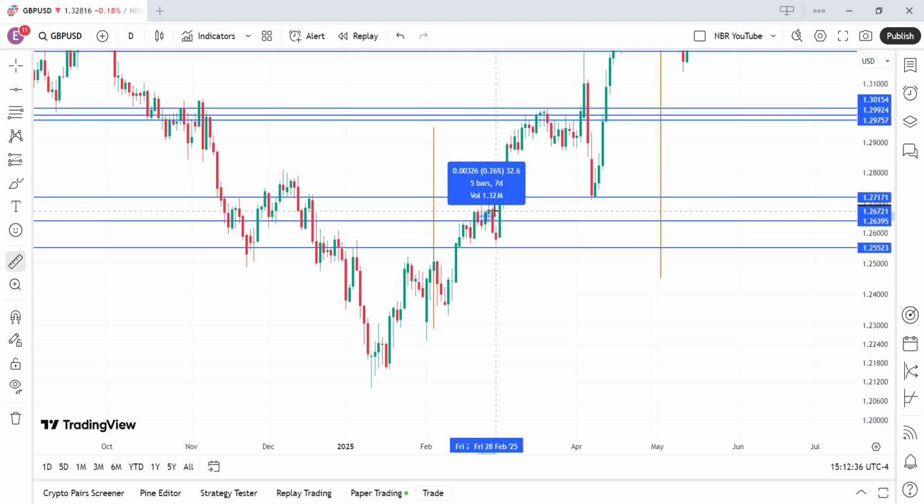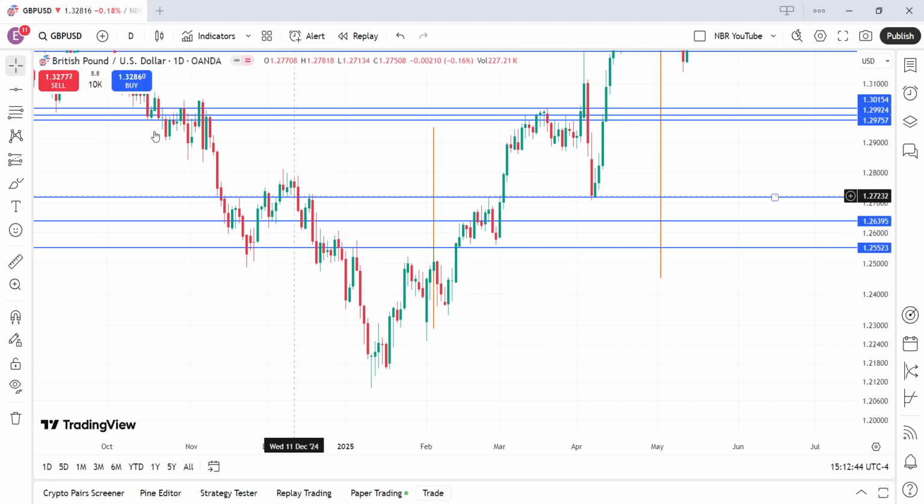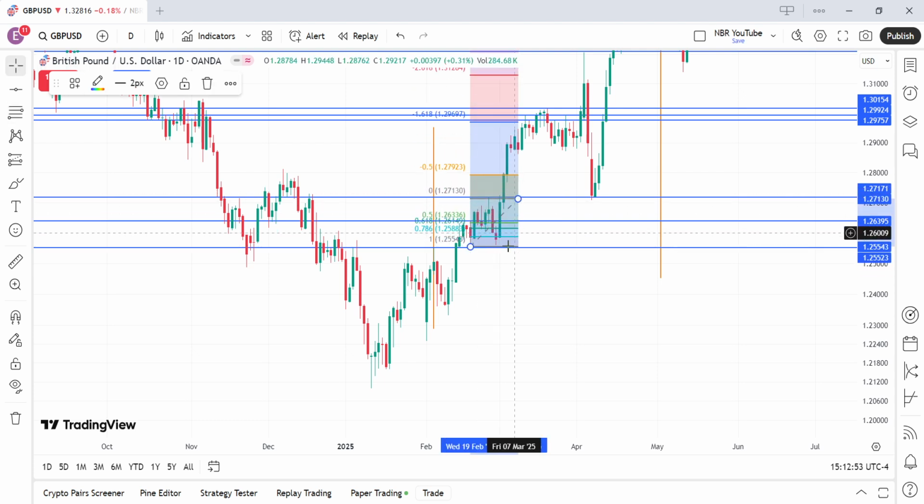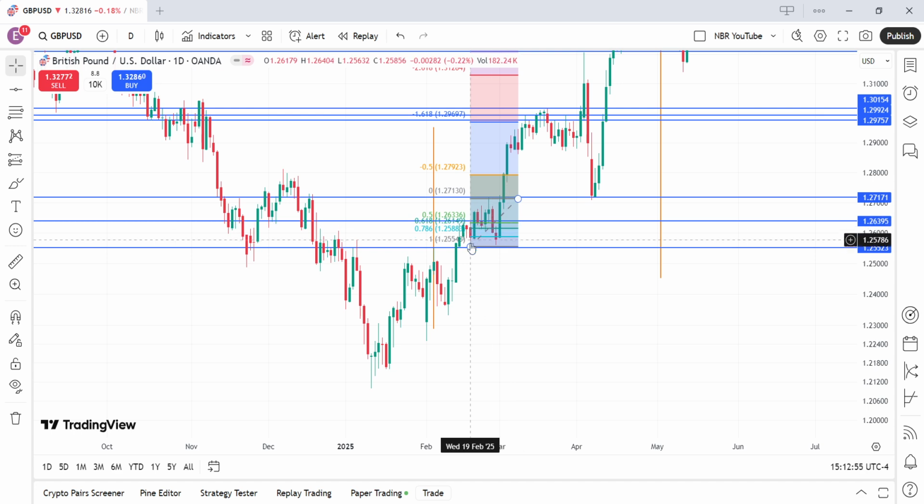It is 32 pips. And here it went a bit higher, 51 pips. So what I can do is select the fib from here going up. Way more clear.